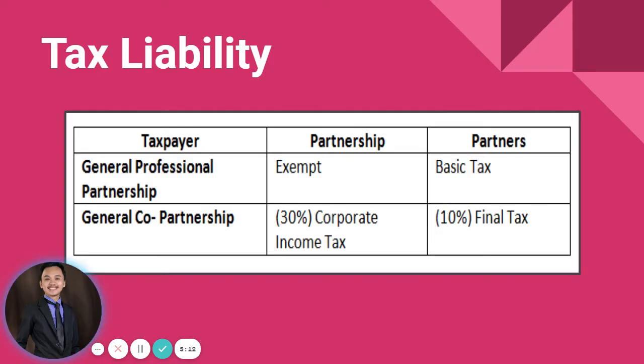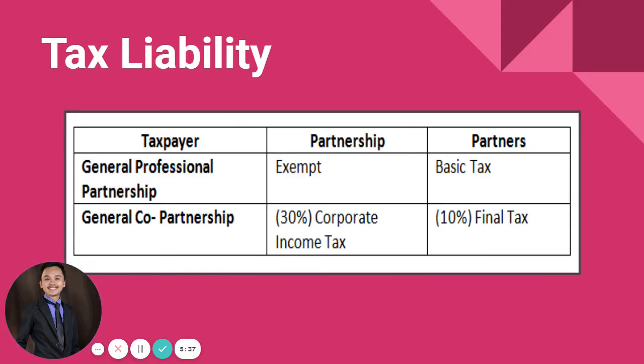The reason for exempting a general professional partnership is that the GPP is considered only a pass-through, where the entity's income is ultimately taxed only to the partners comprising it.